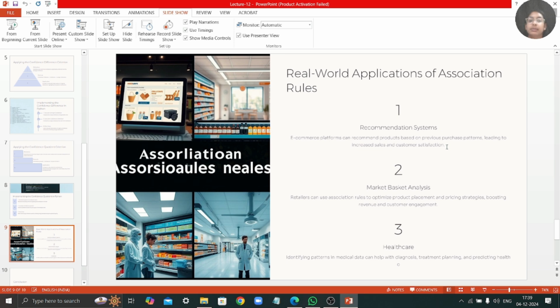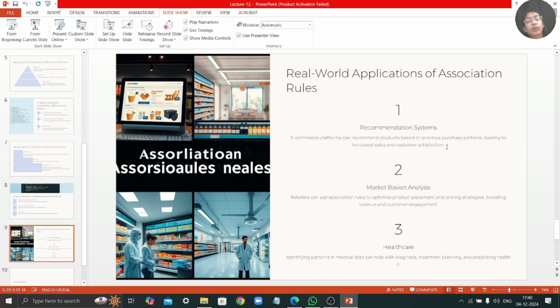Then there is market basket analysis, where retailers can use association rules to optimize product placement and pricing strategies, boosting revenue and customer engagement. Recently I saw in a supermarket that chocolates were kept near the counters so that we tend to buy them, and near the bread there were butter and Nutella.